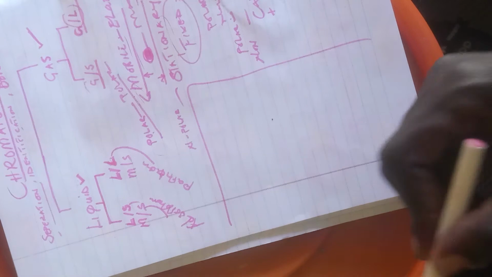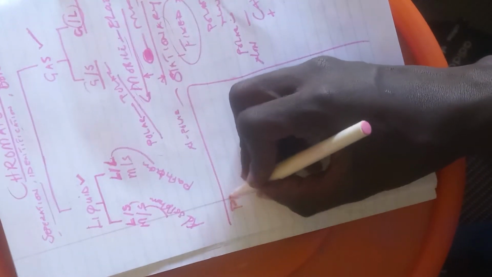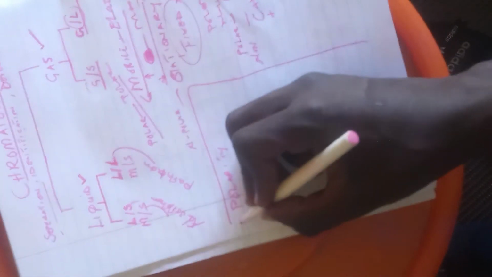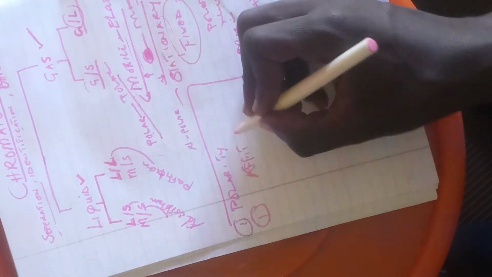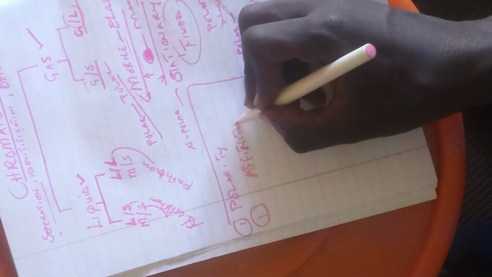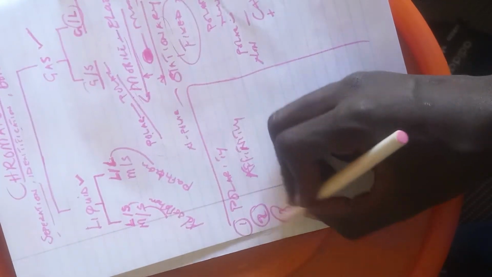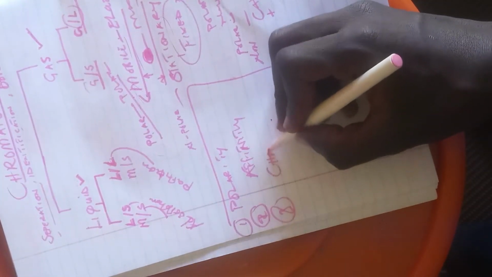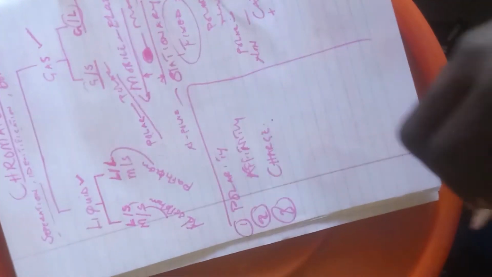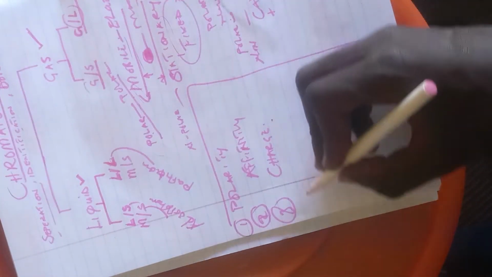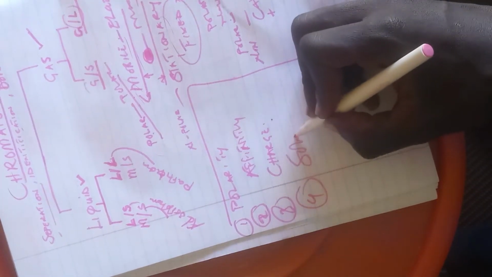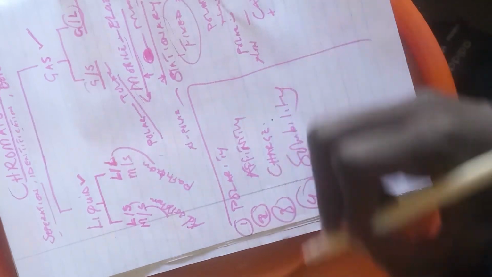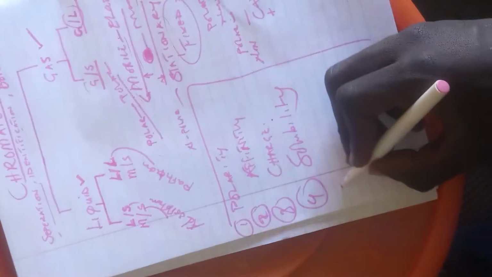Then the basic principles now of chromatography is that chromatography separations are based on one, polarity, and I've explained what polarity is already. So polarity, affinity, that's 2. 3, charge. Then we can talk of 4, solubility, and 5, volatility.